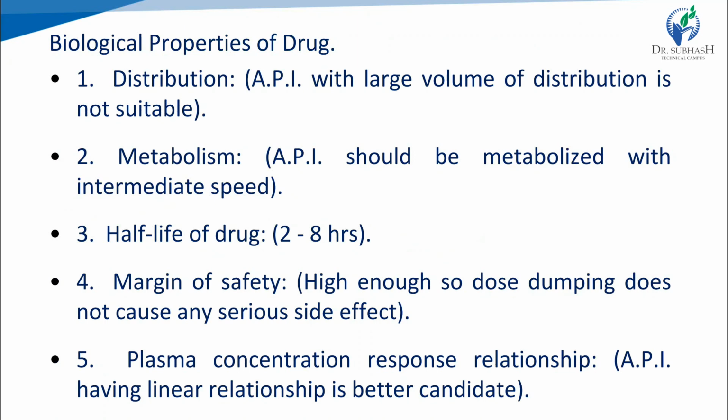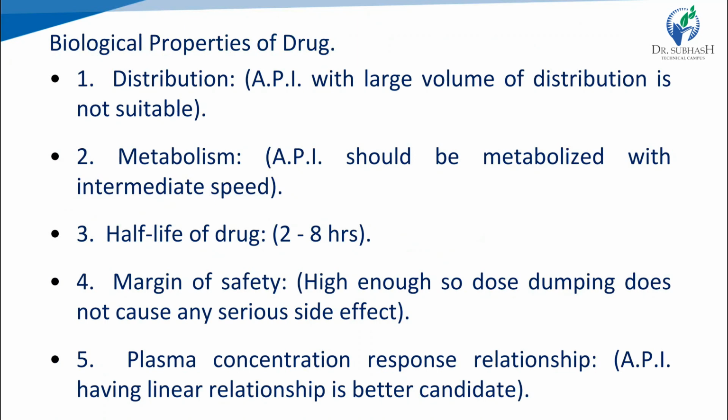Distribution: an API with a large volume of distribution is not suitable as a candidate for controlled release. The API should be metabolized at an intermediate speed, not highly metabolized with high first pass metabolism. If it is rapidly metabolized in the liver, it is not an ideal candidate for an oral controlled drug release system.